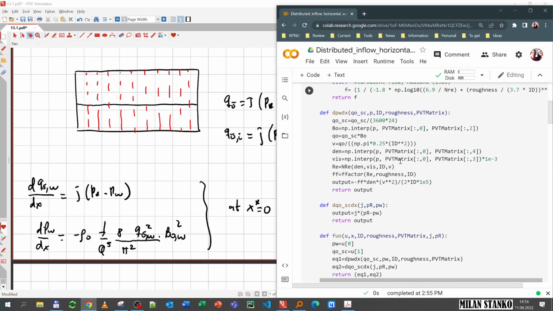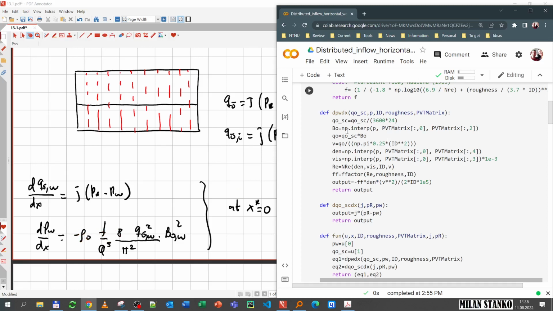That's what I have here. One thing which is important is that in this expression, the density, the BOW, and the BO are fluid properties, so they depend on pressure. Typically it is isothermal, so it could also depend on temperature, but as the temperature is constant, I'm assuming that pressure is the variable that makes these properties change.